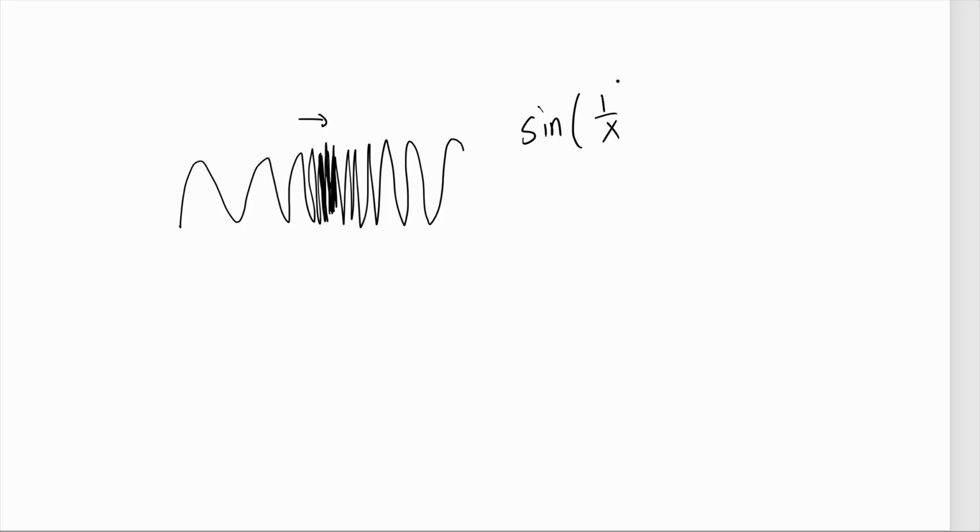A good example is sine of 1 over x. It works from both directions, because what is 1 over x?